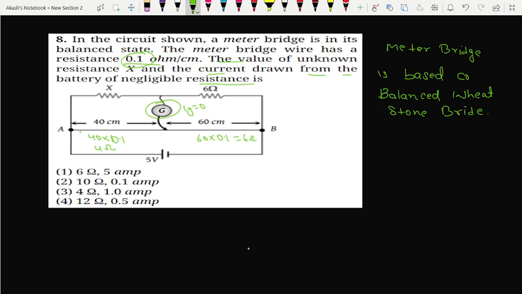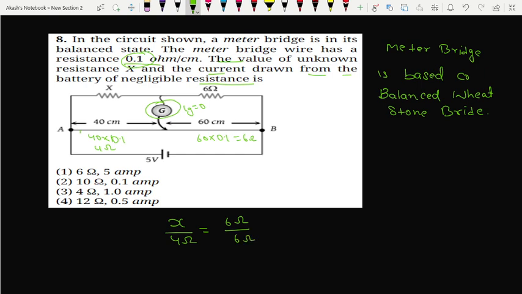According to the balanced Wheatstone bridge, X upon 4 ohm is equal to 6 ohm upon 6 ohm.